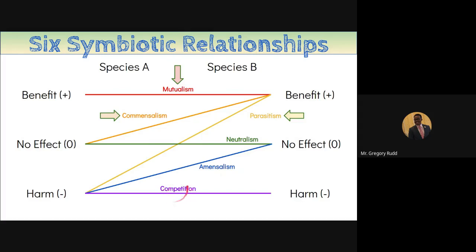And lastly, there's competition, which I'm sure you all are quite familiar with, in which both species are actually harmed. Maybe not constantly. Maybe there are periods when one species is benefiting from the interaction. But oftentimes both species are harmed from their competition, because nature can be a zero-sum game.